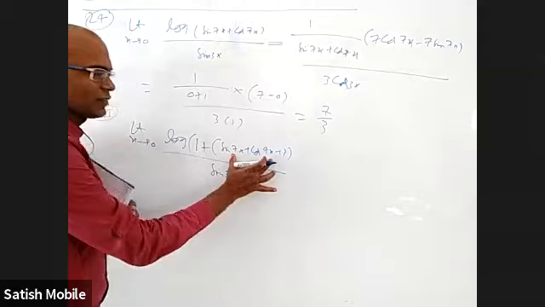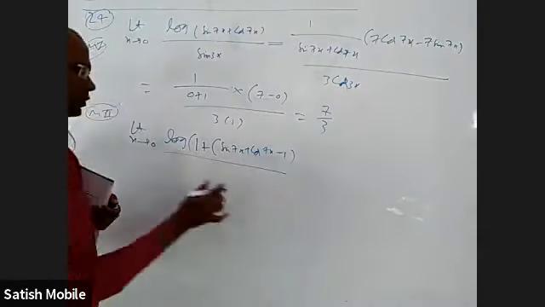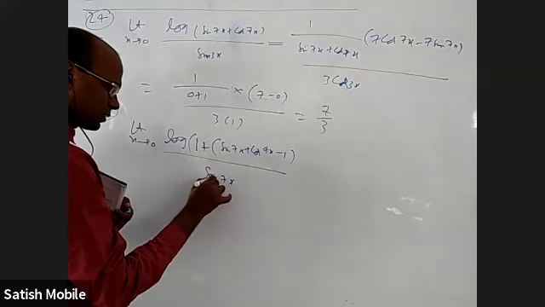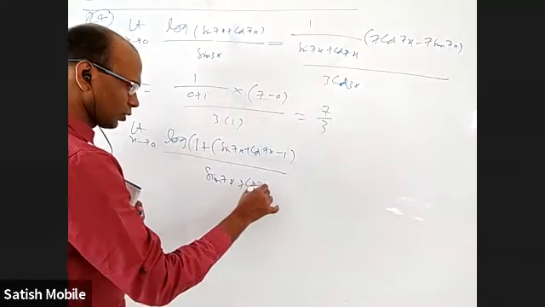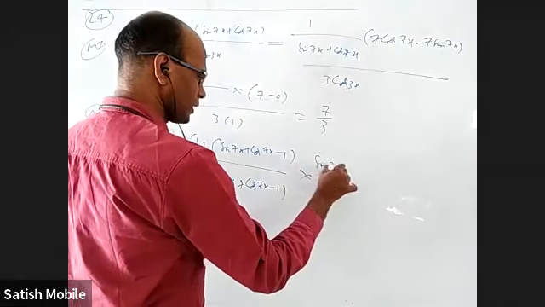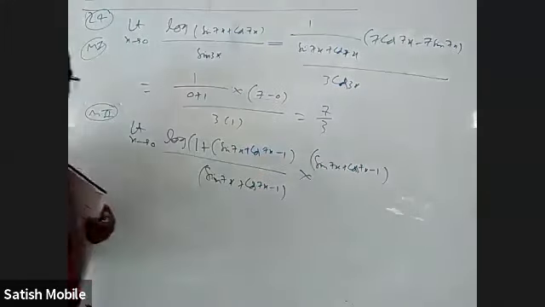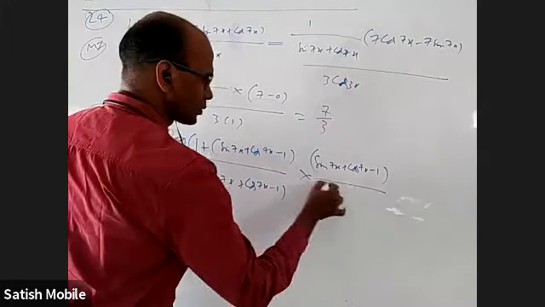Now, whatever is here, which is becoming 0, I should divide and multiply with that. So I'm going to remove this and write sine 7x plus cos 7x minus 1, and multiply with that sine 7x plus cos 7x minus 1, by sine 3x.